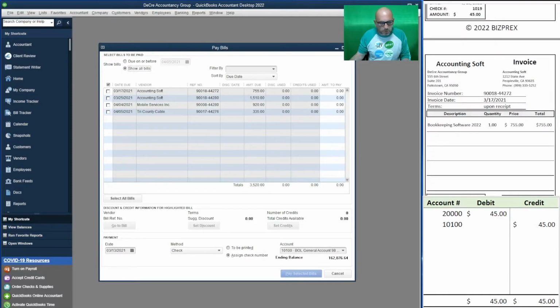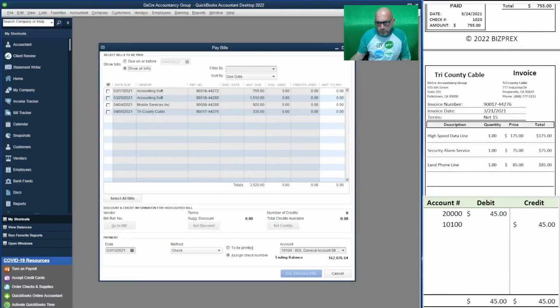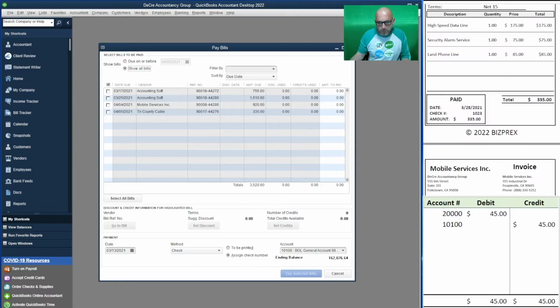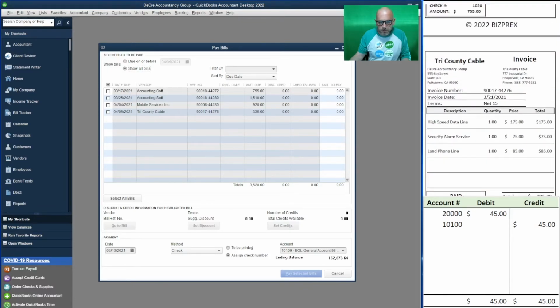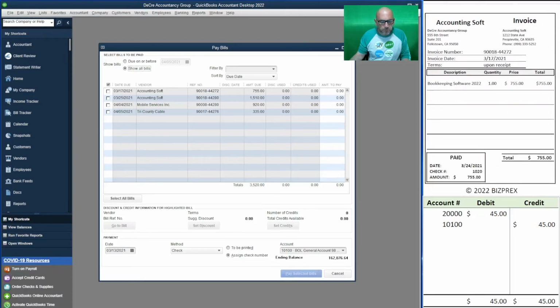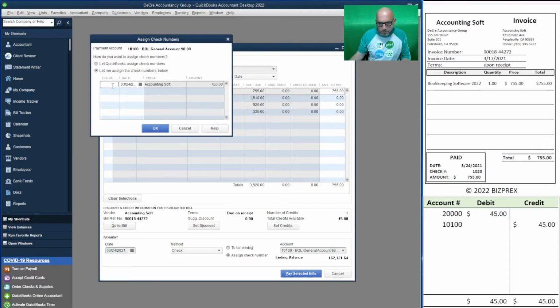Okay, what else is there? Accounting soft. Did we pay those on different days? Yeah, 26, 24th. Okay, all right, that's fine. Okay, 24th. Pay selected. There it is. Assign check number.